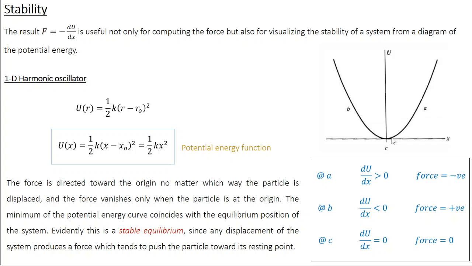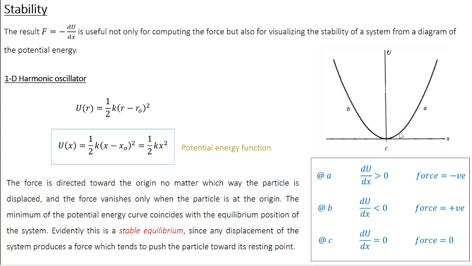This kind of equilibrium point is known as a stable equilibrium point. What's the meaning of stable equilibrium? If you try to move your particle away from this equilibrium, the system will work in such a way that it will bring the system back to the same equilibrium position. That's why it's known as a stable equilibrium. For example, if you try to displace your object slightly towards the right, we know that the force is a negative force which tries to move your particle in the opposite direction.